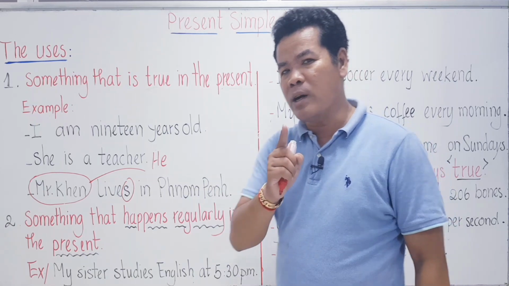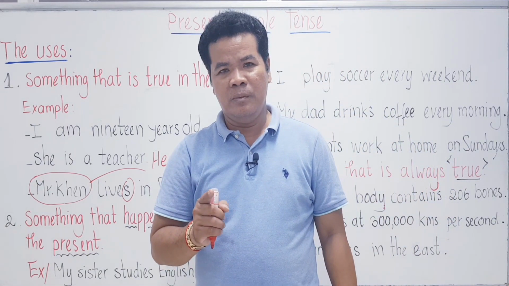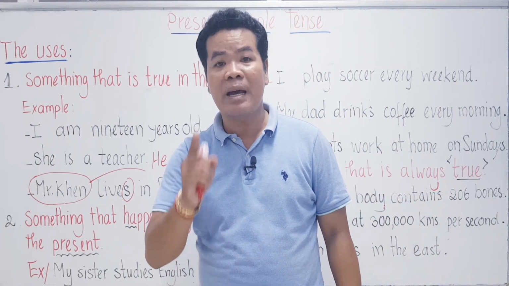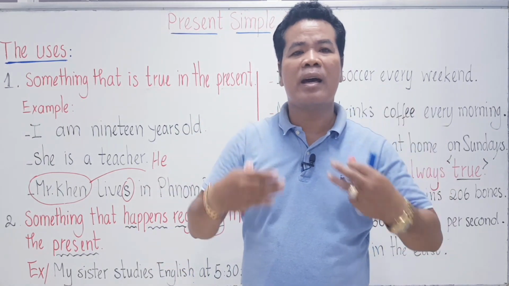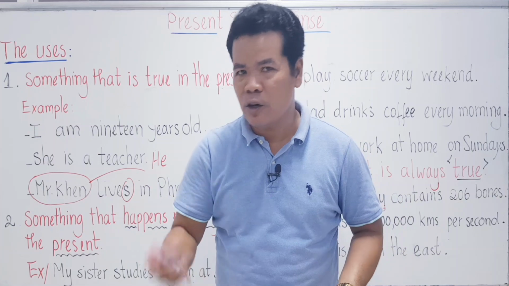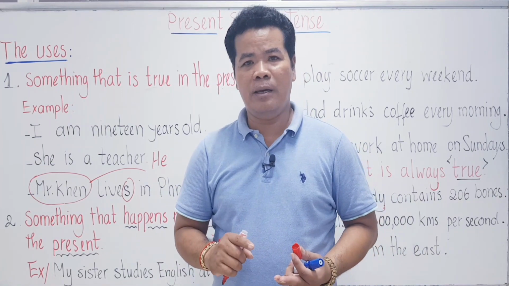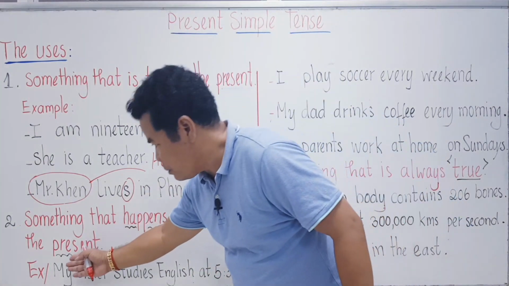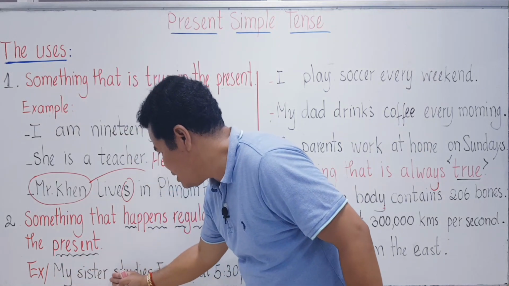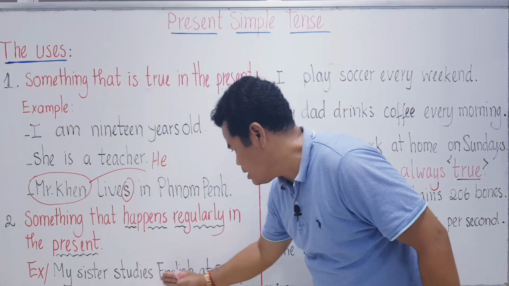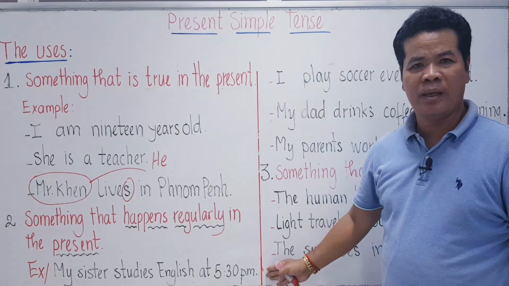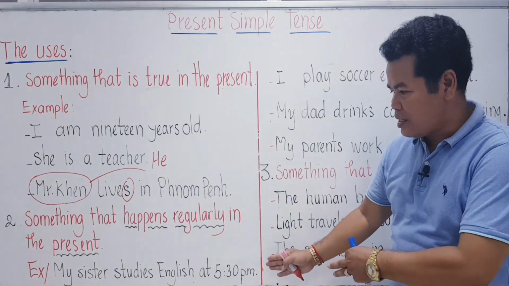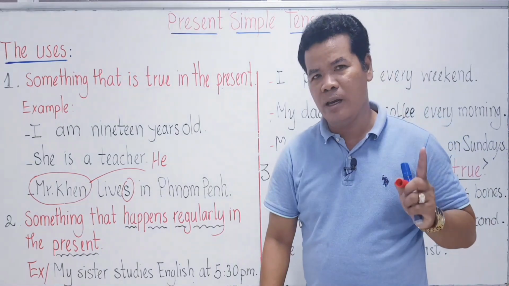It doesn't happen only one time. Just only one time or 2 times, no. It happens regularly. The actions, something that happens regularly, not just only one time. Right? For example, my sister studies English at 5:30 p.m. It doesn't mean that she studies English just only one day.